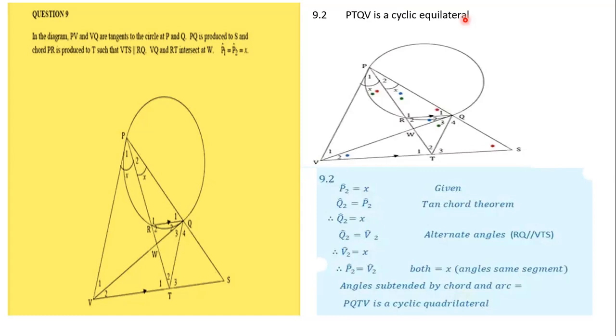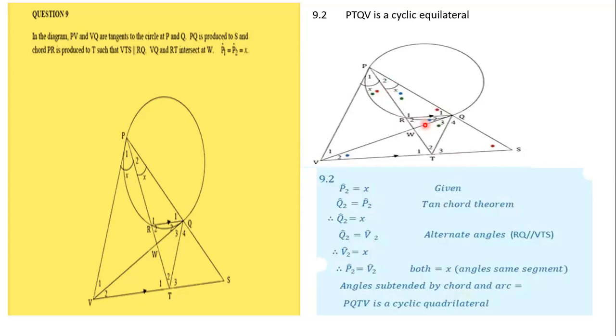Remember they said P1 and P2 are equal to X. So our P2 is equal to X, and it's given on the statement. Also Q2 is equal to P2 because of the tan chord theorem. There is our P2, and there is our Q2.